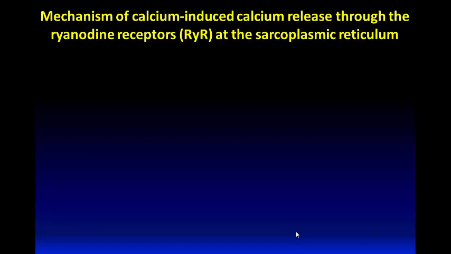And this mechanism is known as calcium-induced calcium release. So the release of calcium from the ryanodine receptors at the sarcoplasmic reticulum is induced by calcium ions getting in from the extracellular space through the dihydropyridine receptors, through the L-type voltage-gated calcium channels which we have in the transverse tubular system and in the sarcolemma as well.